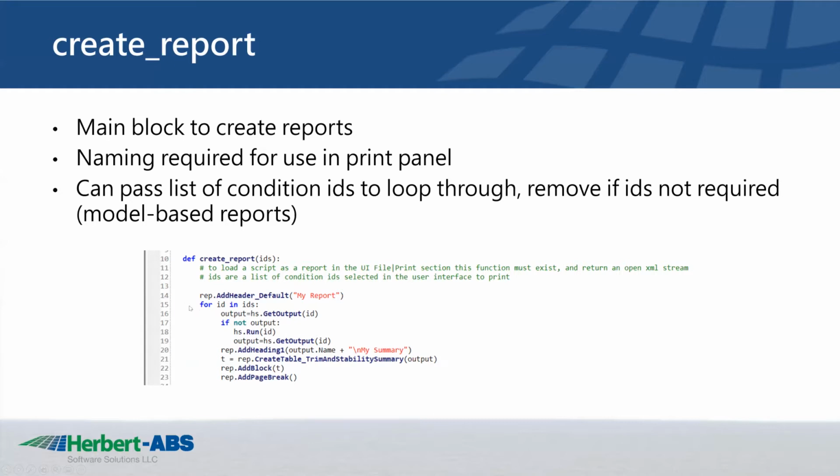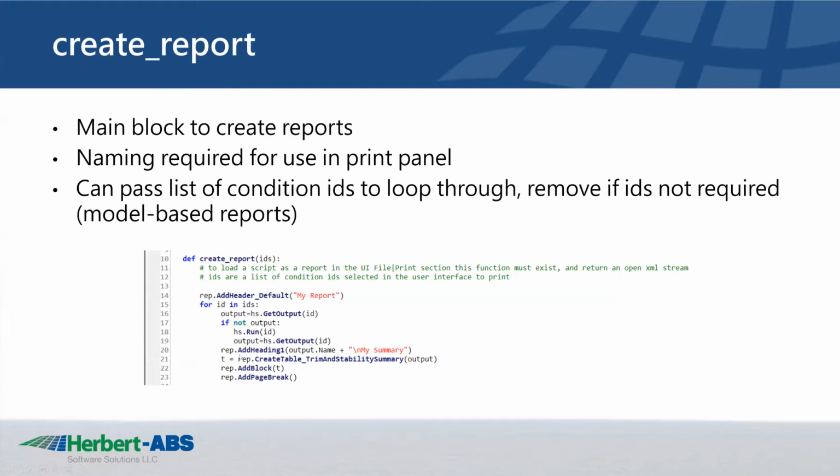Then we're looping through the list of IDs that we pass through. For each ID, we're saying, I want to get the output data from this condition ID. If it doesn't exist, I want to run the condition and then ultimately get the output data back.